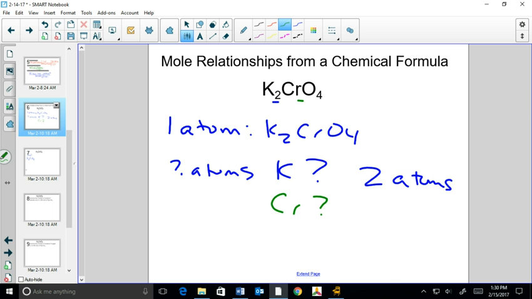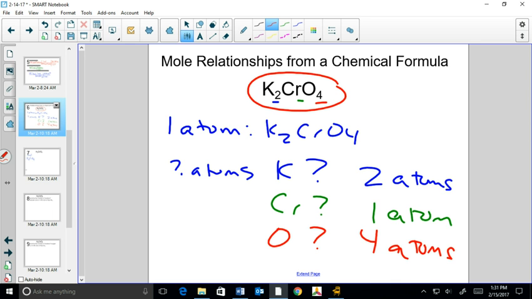Well, there are no subscripts here, so that means there's a 1, so I have 1 atom. And for oxygen, how many do I have? Well, I got a 4 as a subscript, so it'd be 4 atoms. So we're saying that in one formula unit of potassium chromate, I'm going to have 2 Ks, 1 Cr, and 4 Os.